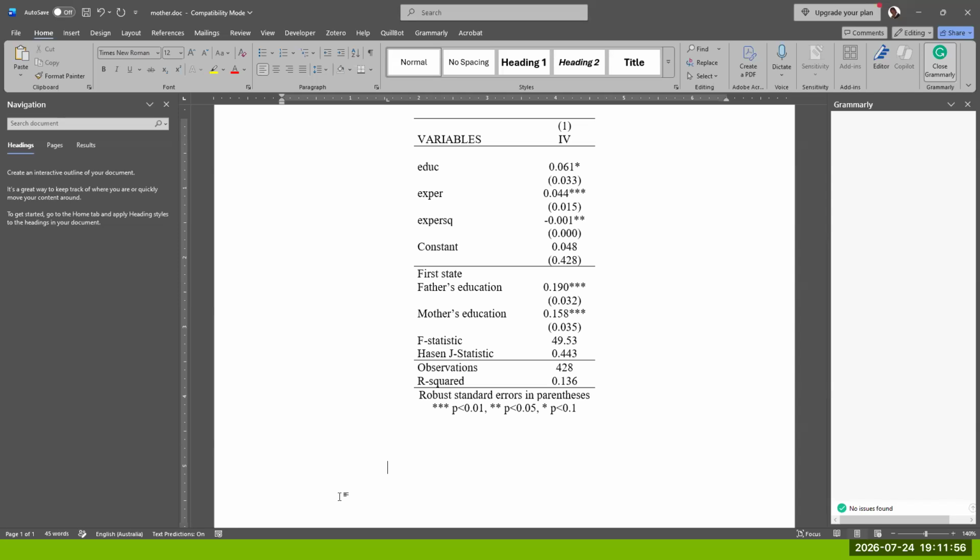We've also realized that using a father's education alone could not really do the work as we expected. We have now introduced a mother's education as an extra instrument. So in this case, there's one potentially endogenous variable, which is education, and you have two instruments, which is the over-identification situation.